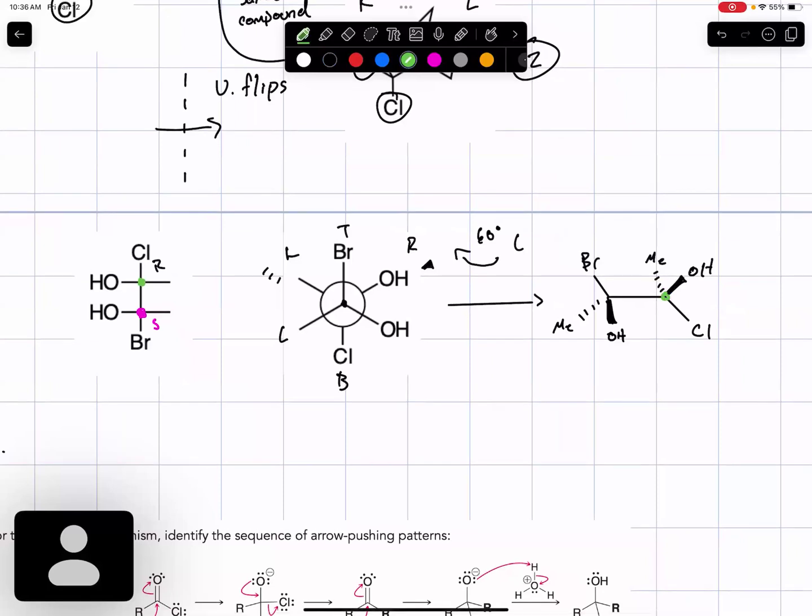So chlorine in green, bromine in pink. What is the configuration at the pink carbon, bromine? S. S, right? I hope everybody saw that. 1, 2, 3, 4. That would be S, right? How about the back carbon?